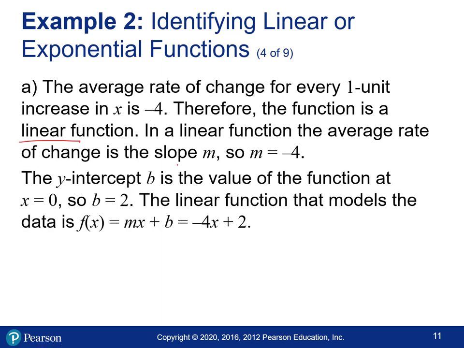So we know that the slope, or the rate of change, is -4. And then using other points on the graph or from our table, we can find other points to use for our function. Okay, so we can use our y equals mx plus b formula by picking the y-intercept on the graph, which is (0, 2).